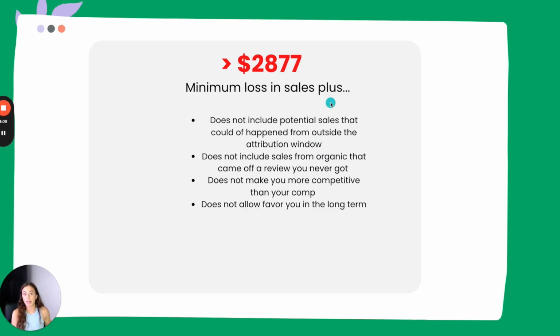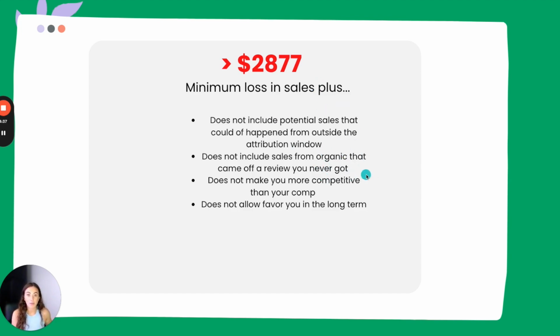When you run ads, there's only a 30-day attribution window. So if you weren't running ads the previous month either, then there was a potential loss of sales, because Etsy ads don't attribute a sale past 30 days of a click, right? So this $2,800 represents the minimum loss that it could be, but there's other loss that you can't account for because of attribution.